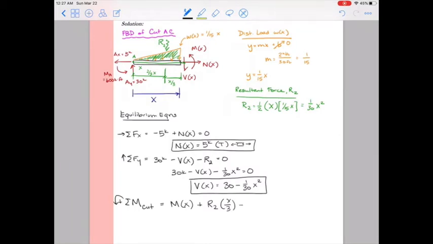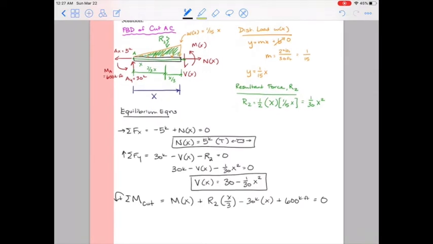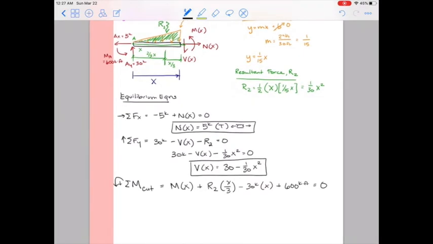A of x doesn't contribute to the moment. I get 30 kips times x, and that's going to be negative because it's going to act counterclockwise relative to my cut. Or sorry, clockwise relative to my cut. And then lastly, I add in a 600 kip feet for the fixed end moment at A.